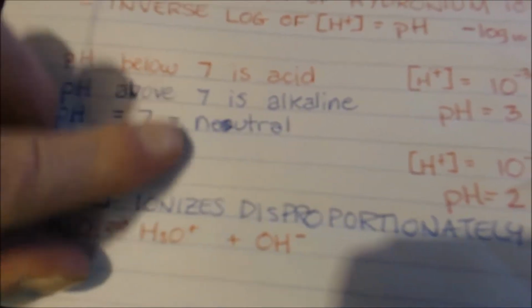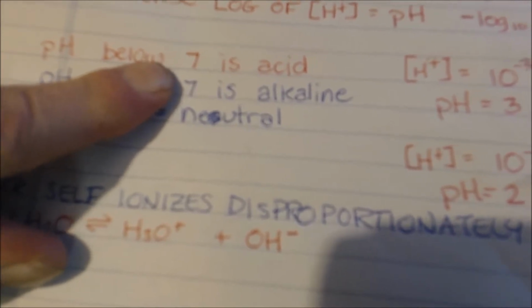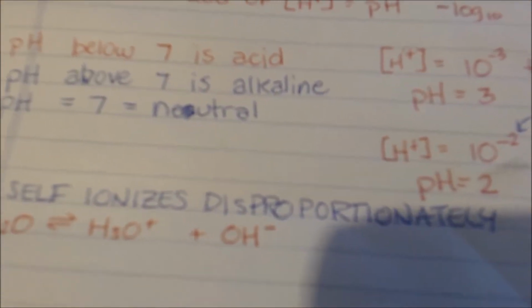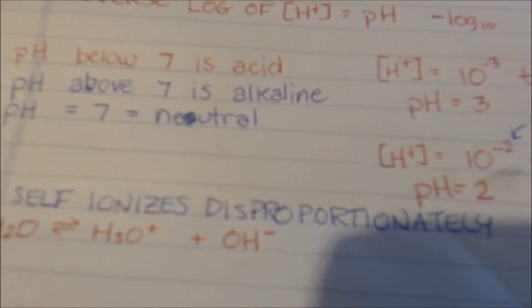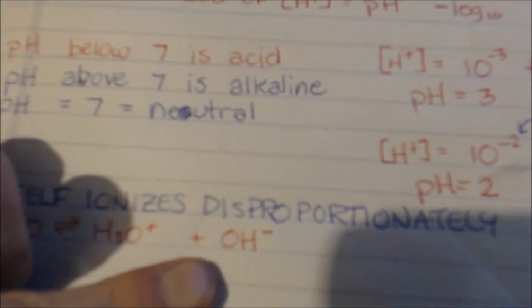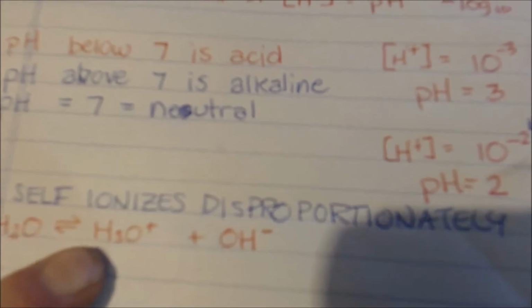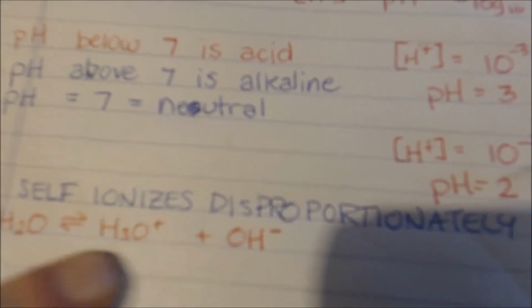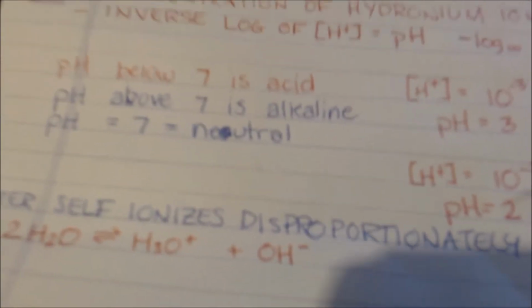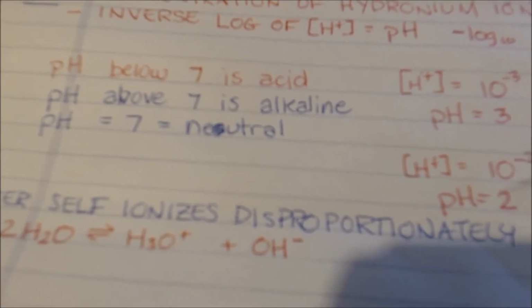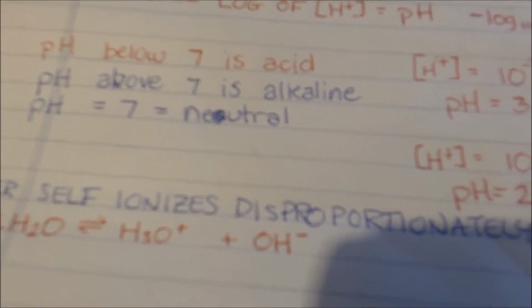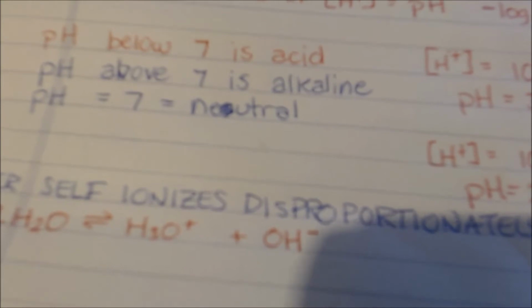So if it's a pH of 7, that means your concentration of protons is 10 to the negative 7, but your concentration of hydroxides is also 10 to the negative 7. If these are equal in concentration, that basically makes it neutral because they're canceling each other out.